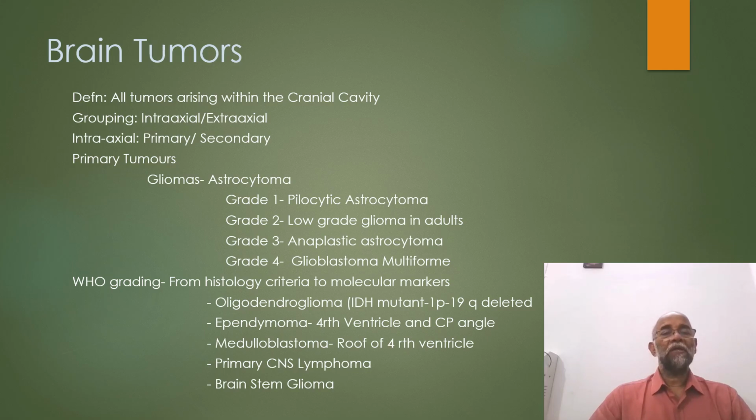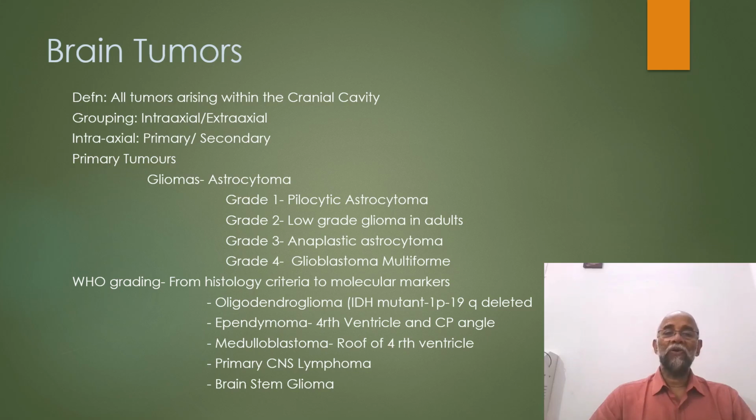Among the primary intraaxial tumors, gliomas arising from glial or supporting cells are the commonest. Astrocytomas arising from astrocytes range in malignancy from grade 1, which are benign, usually found in children.